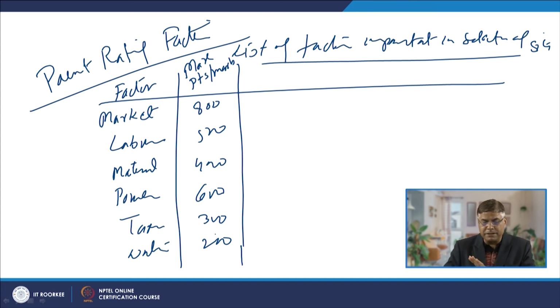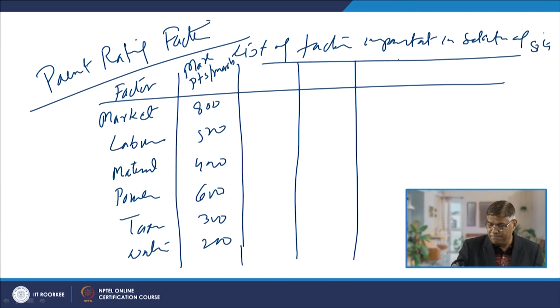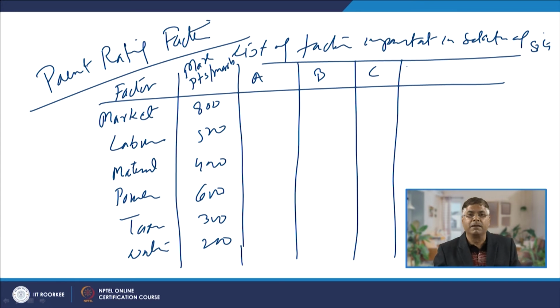Now, we have the complete freedom to rate each site on this maximum scale. Say A, B, C are three potential sites for choosing as a possible location where the plant can be installed or developed. Site A will be rated in terms of the market, and we have the complete freedom to give any points starting from 1 to 800.